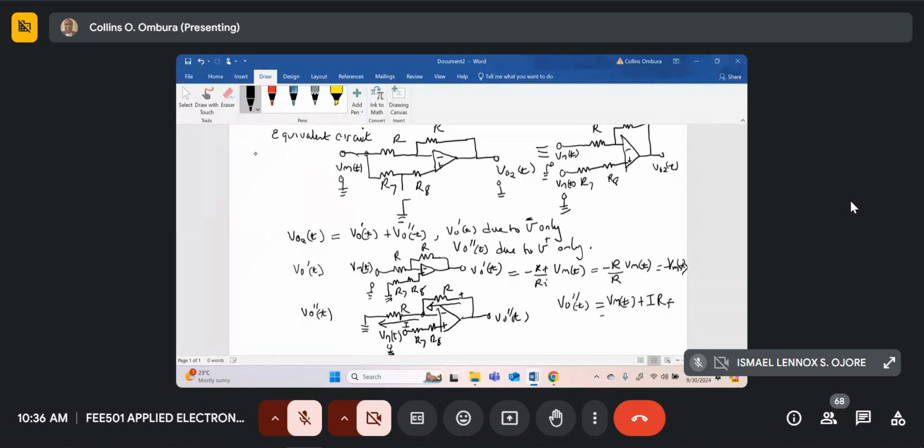But R feedback is equal to R, so you can just write Vm of t plus I into R, where I is the current that passes from the inverting input to the ground through resistance R. But I is just equal to Vm of t divided by Ri, where i stands for input, so it will just be equal to Vm of t divided by R. Let's call this equation 3, this one 4, and this one 5.